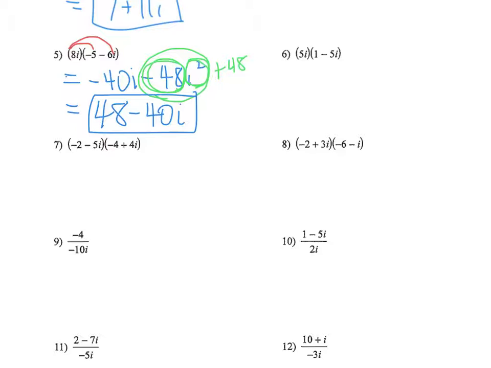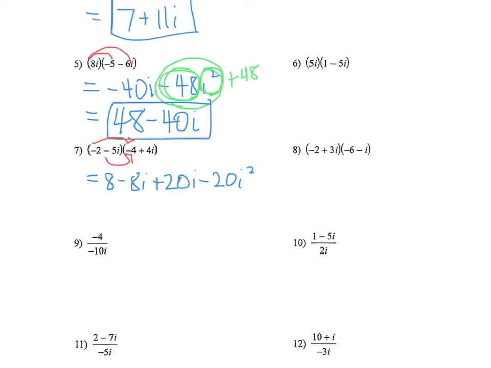Now in number 7, we're looking at multiplying, but doing double distribution or foiling. I need to take -2 times everything in that set of parentheses and -5i times everything in that set of parentheses. That gives me quite a few terms to multiply out. So -2 times both of those gives me 8 minus 8i. And then -5i times both of these gives me positive 20i, -20i squared.